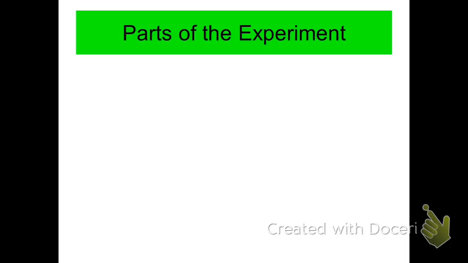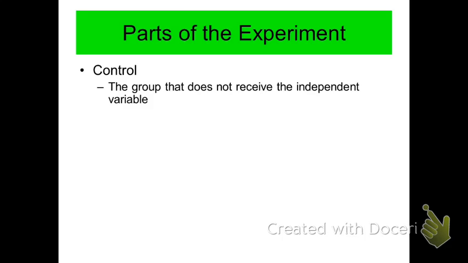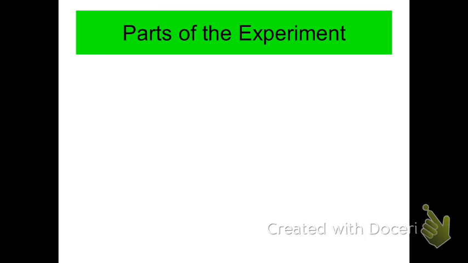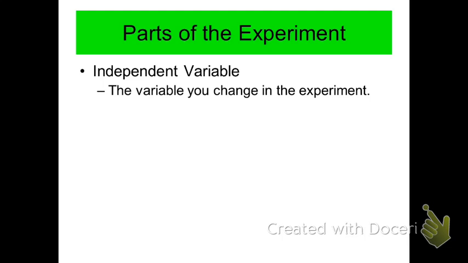Okay, so the first part in your notes is the independent variable. It's going to be the variable that you change in the experiment. You'll notice you don't have any place to write, but the key is you change it, and I've written out to the side in your notes, I change it.